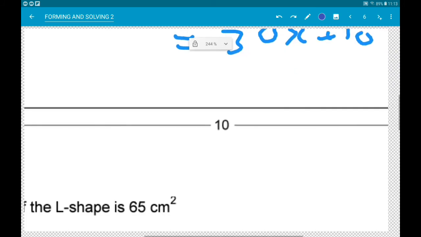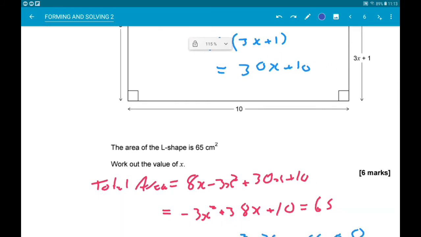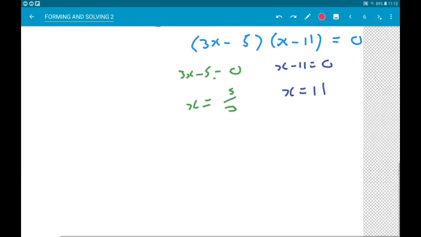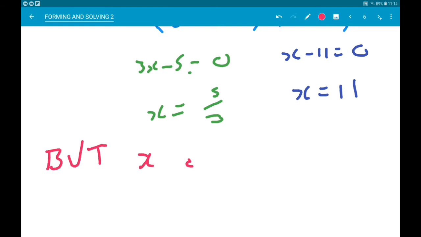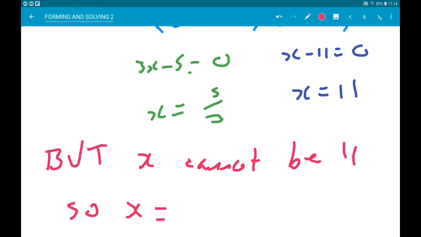So x cannot be 11. So here we should say that x cannot be 11. So x is 5/3 only.